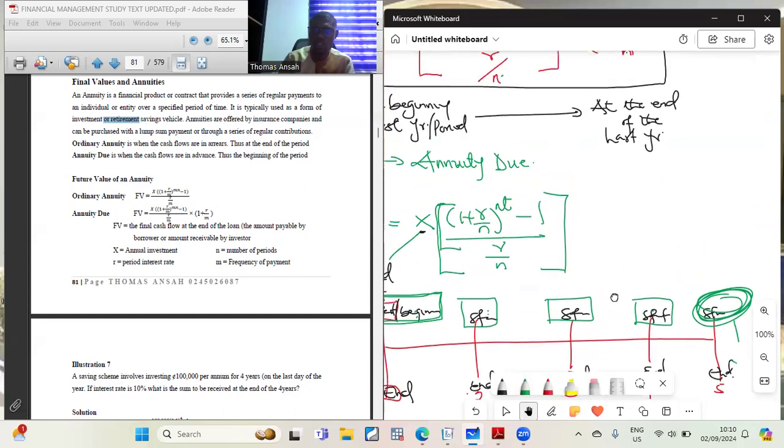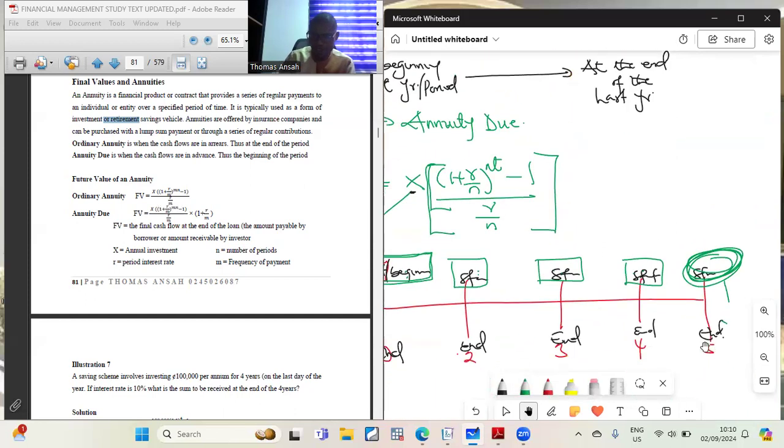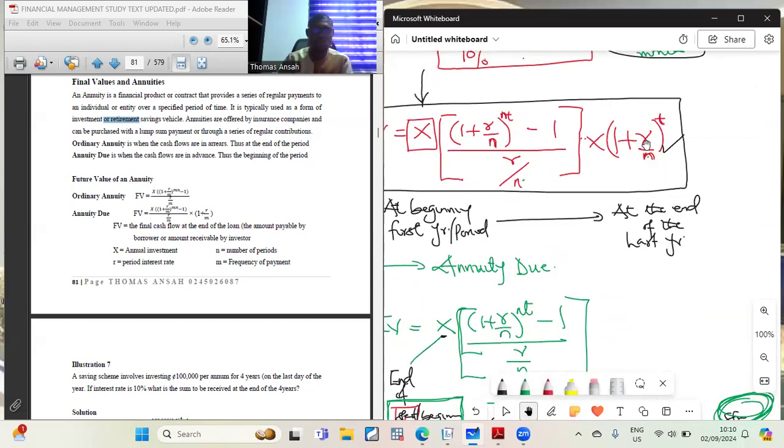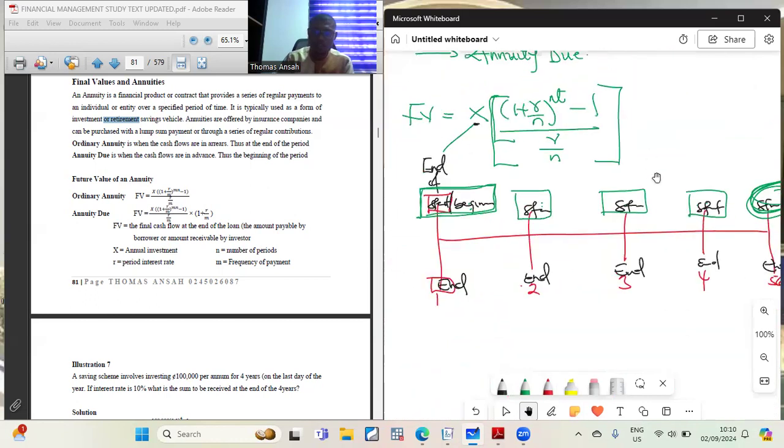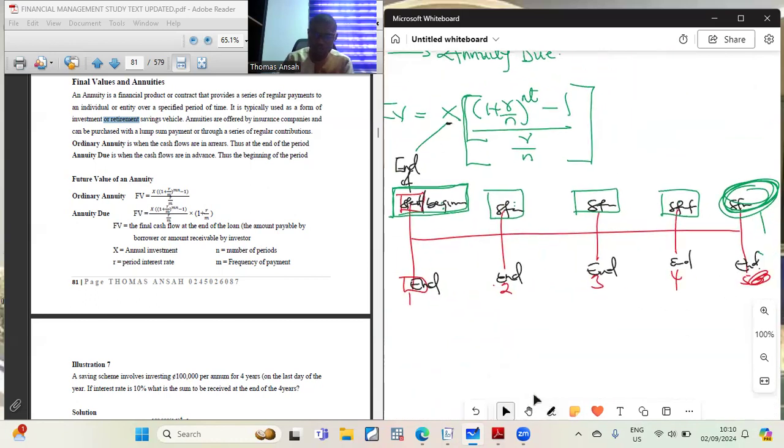So going 1 year forward again to the end of this point here is the reason why we add this bit to it. Now, if somebody does the investment here, it means that the same formula gives him the answer here. So you should spot the two.